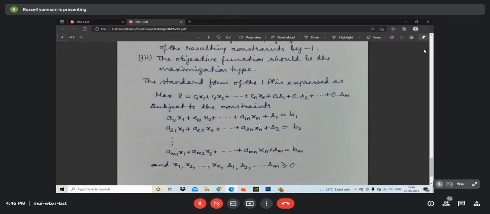I'll give you the full algorithm, but my suggestion is that you may not be able to understand by reading the algorithm alone. Over and above the algorithm, I will give you one solved problem, done according to the algorithm by writing all the steps. In the exam, you need not do it like that.